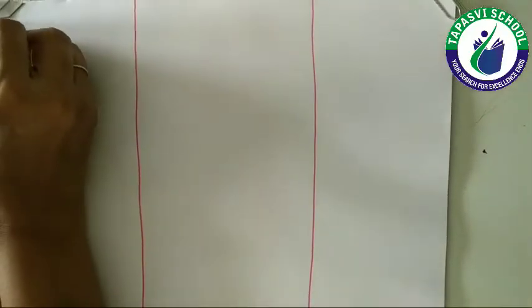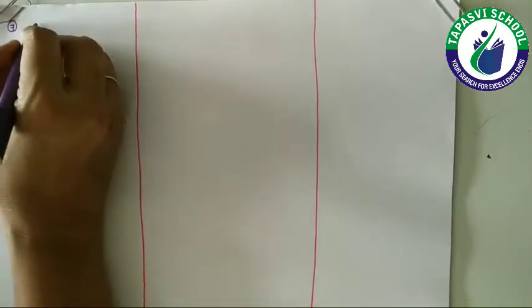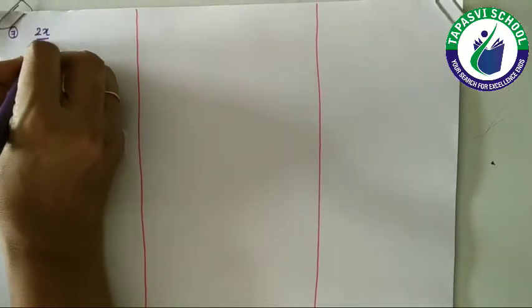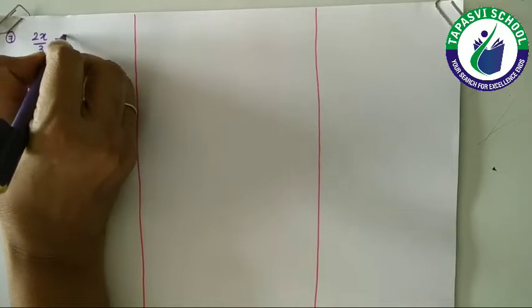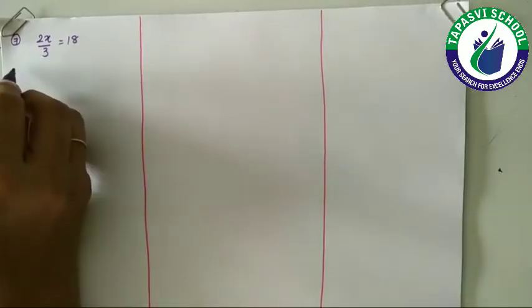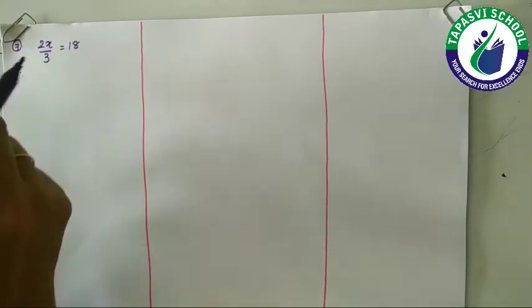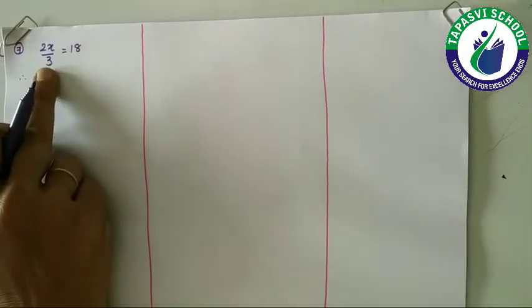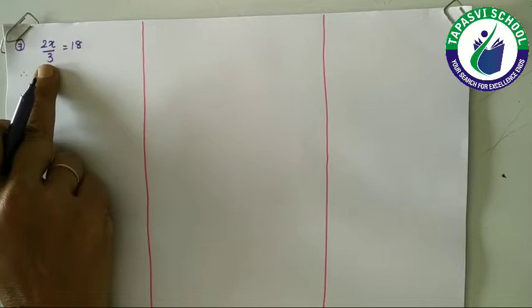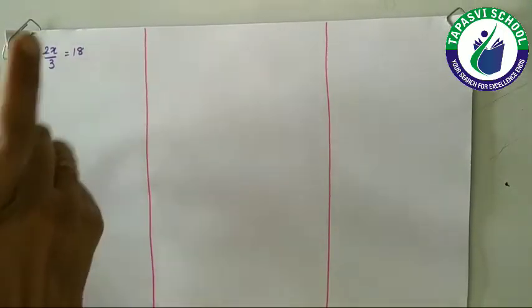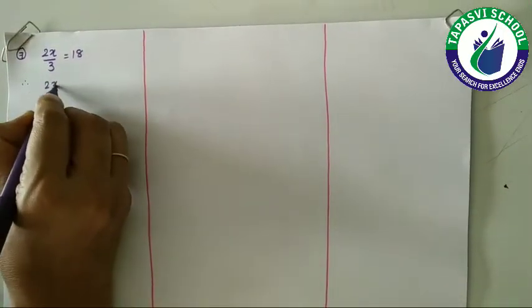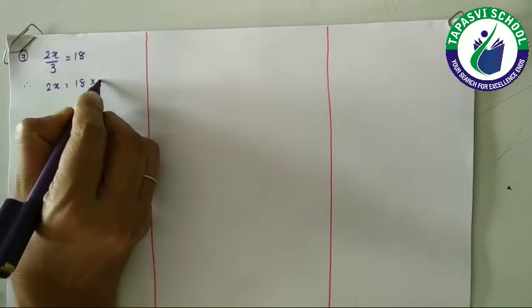Question number 7. 2x upon 3 is equals to 18. As we discussed in questions 5 and 6, students, here my 3 is in the relation of division, and when it changes the sign, it will come in the relation of multiplication.